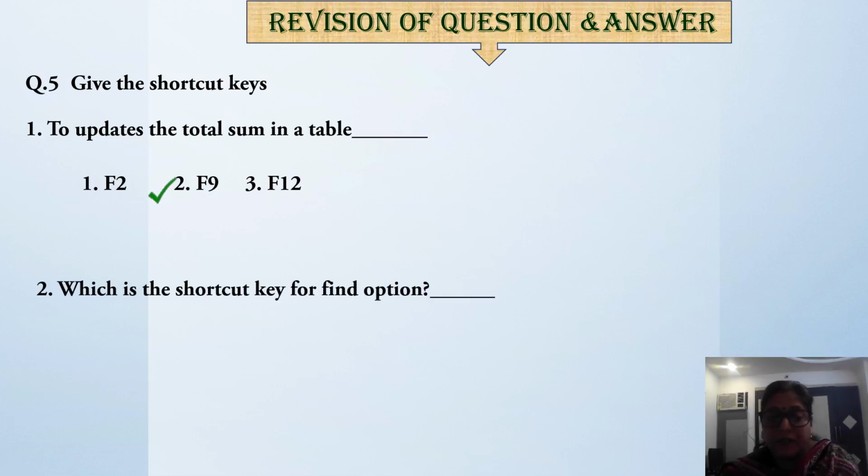Okay, second: which is the shortcut key for the find option? The options are Shift plus F, Control plus F or Alt plus F? Think. Yes, the answer is Control plus F.